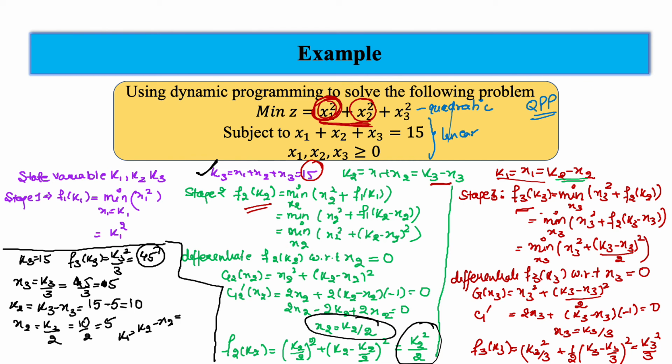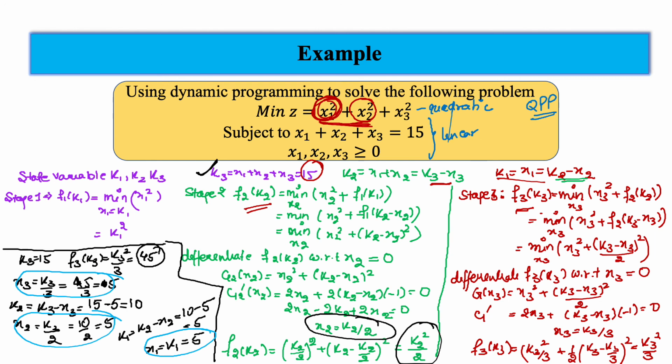So k2 is 10, x2 is 5, so k1 is 5 and x1 equals k1, so that equals 5. That means the minimum value is obtained when x1, x2, x3 are all equal to 5. If x1 equals 5, x2 equals 5 and x3 equals 5, we obtain the minimum value.